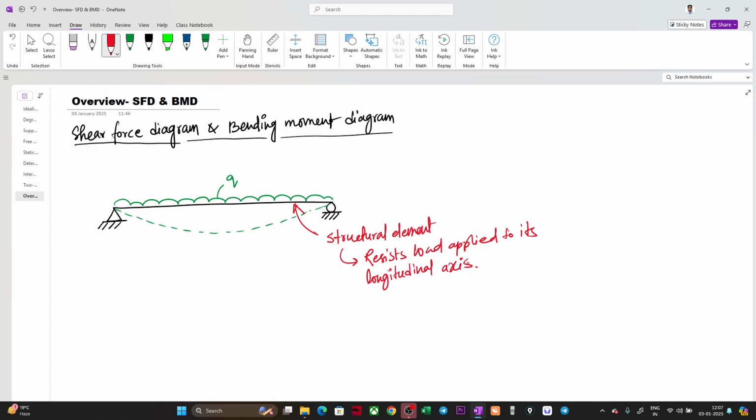So we'll be discussing the SFD and BMD as of now for a beam element, which is a structural element that resists loads which are applied transverse to its longitudinal axis, right?